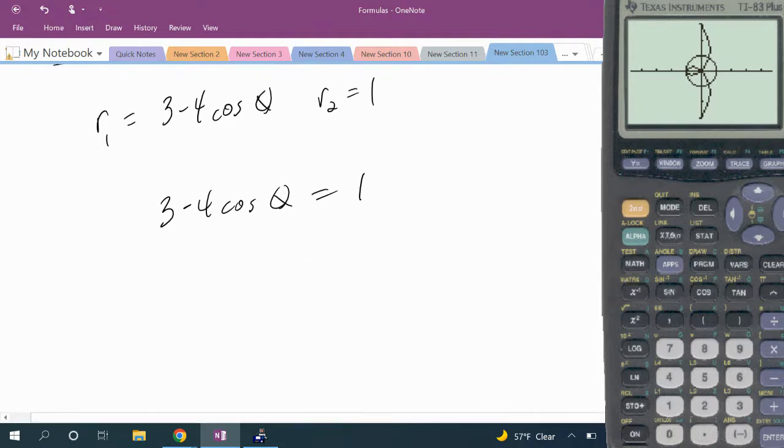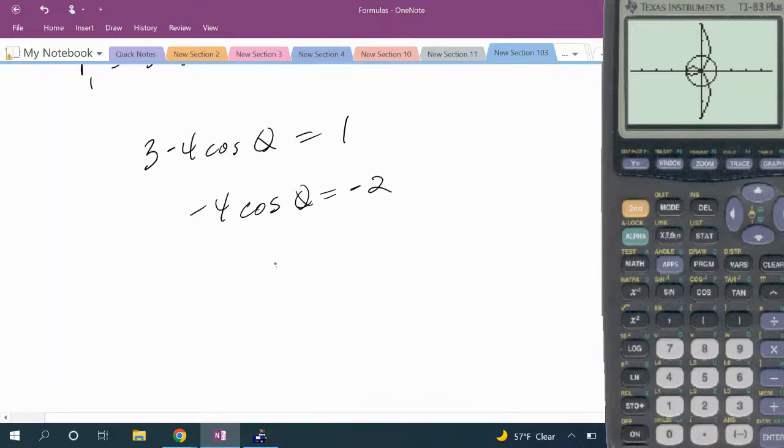First off, I'm going to subtract 3 from both sides. So I have negative 4 cosine theta is equal to negative 2. I'm going to divide both sides by negative 4. So I have cosine of theta is equal to 1/2.